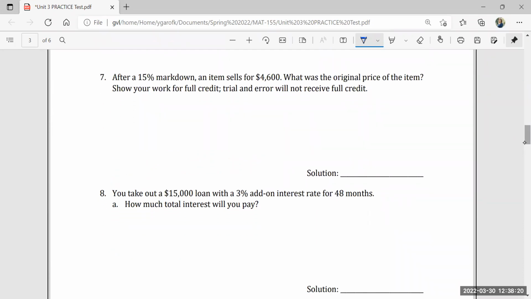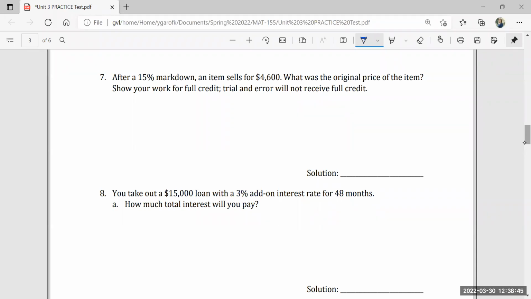Number 7. After a 15% markdown, an item sells for $4,600. What was the original price of the item? Well, to do this one, remember that our selling price is going to be the original minus the discount, okay?